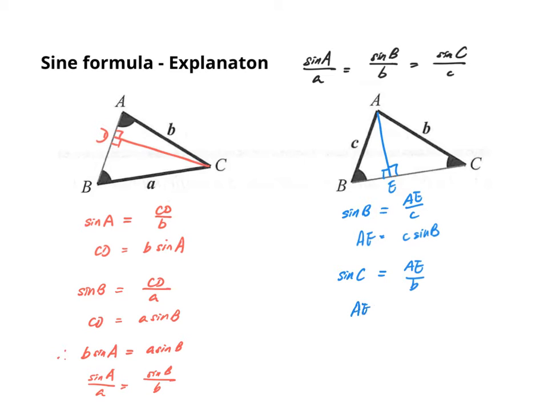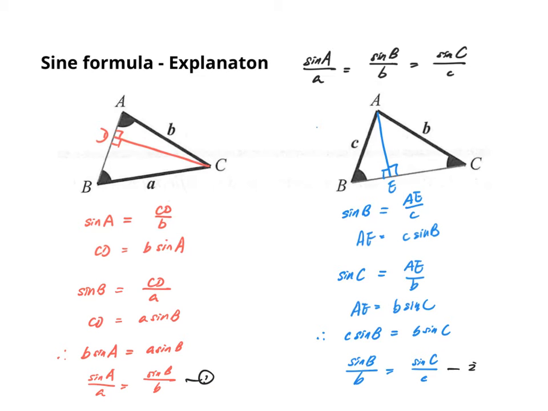So AE is also equal to b times sine C. So we have c sine B is equal to b sine C. Rearrange the terms, we have sine B over b is equal to sine C over c. Then we prove the second half of the formula.